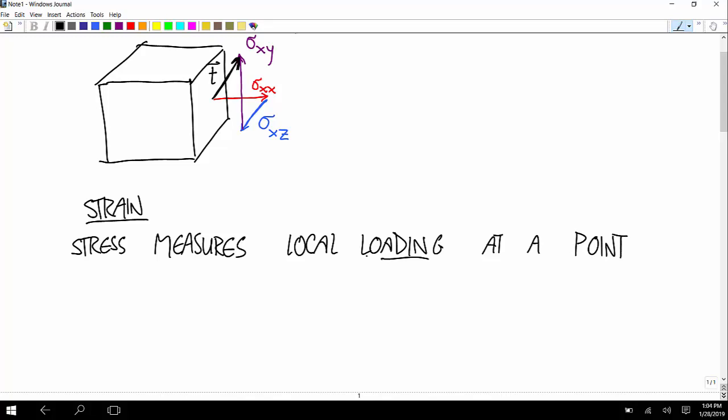And I guess it's really just the internal loading. That's probably worth writing here. Strain measures the local deformation at a point.